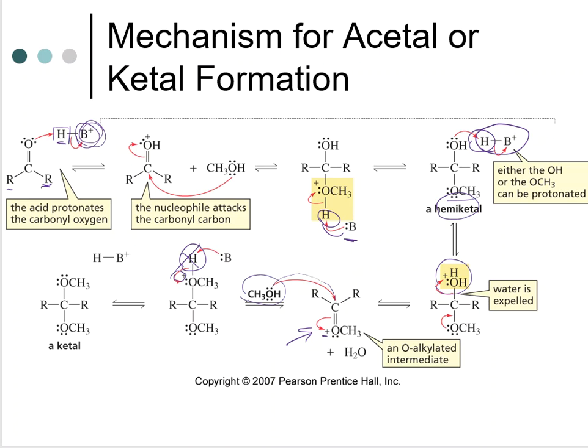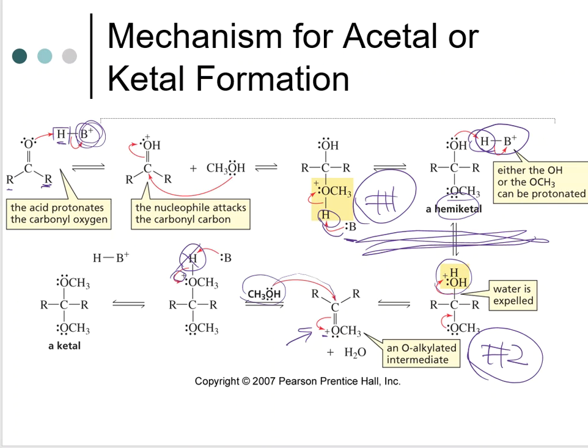All right, so again, these are 2 steps. We can talk about the top one as step number 1. This is our first addition. And then the bottom piece is step number 2, which is our second addition. So in the first addition, we are adding on 1 alcohol group, which is OCH3, and we form an OH group in the process. That's why we call it hemiketal or hemiacetal.